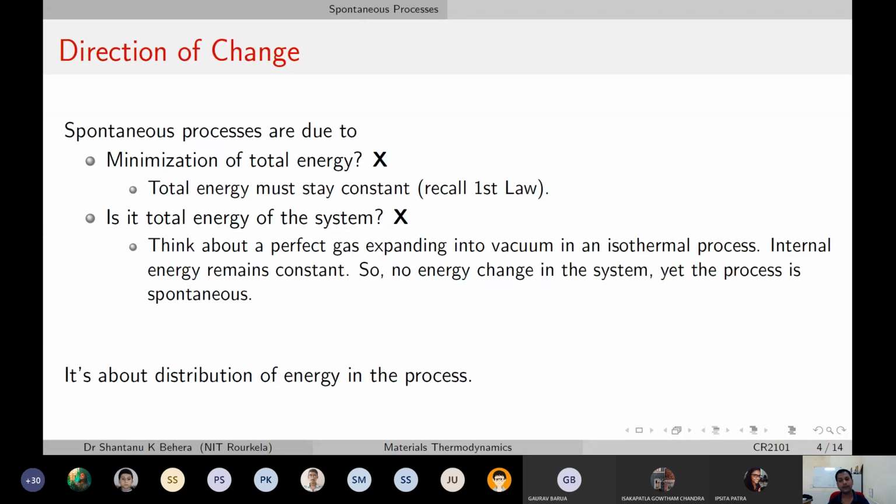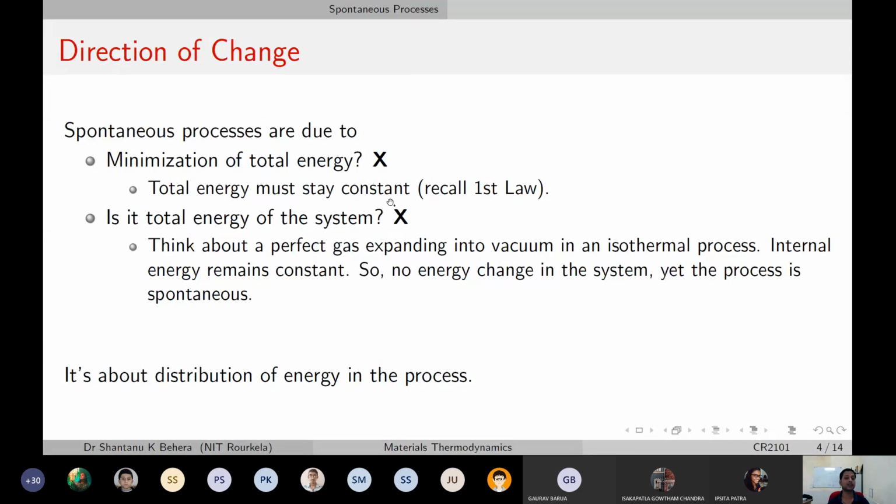All right. And if we think that for natural processes to happen, which direction the process would go to, is it the direction of energy minimization? With the current understanding of our energy, it's not, because the idea is that the total energy must always stay constant.